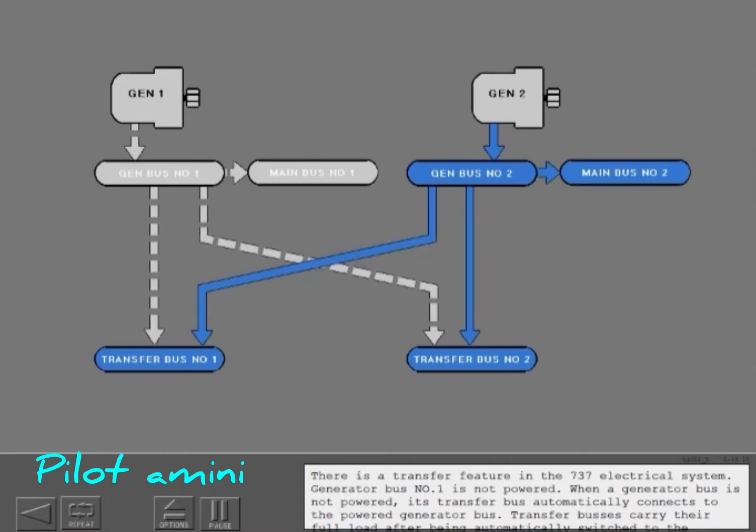When a generator bus is not powered, its transfer bus automatically connects to the powered generator bus. Transfer buses carry their full load after being automatically switched to the alternate source. Most of the electrical system remains powered with the exception of the generator bus and its associated main bus.